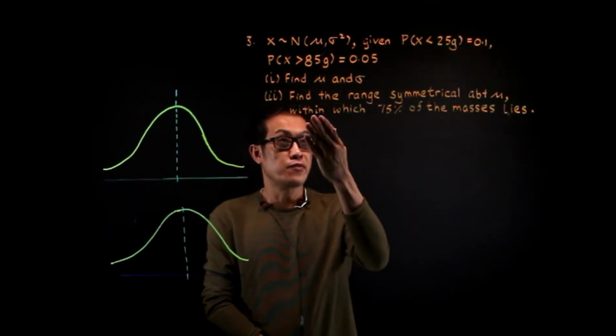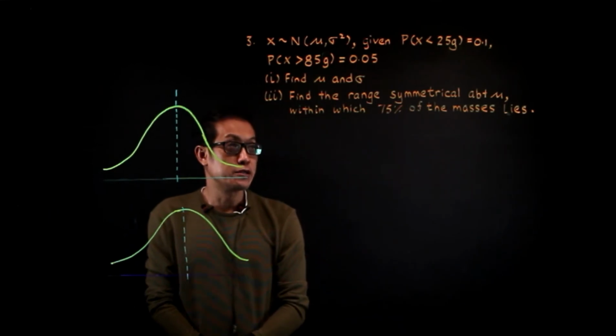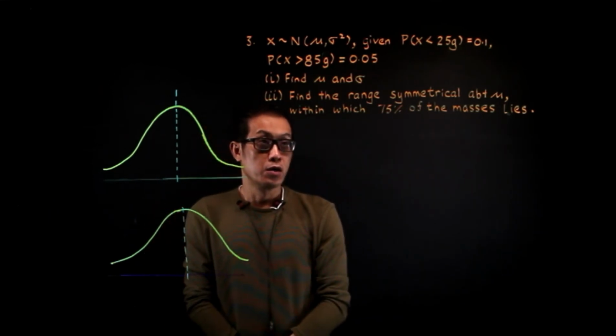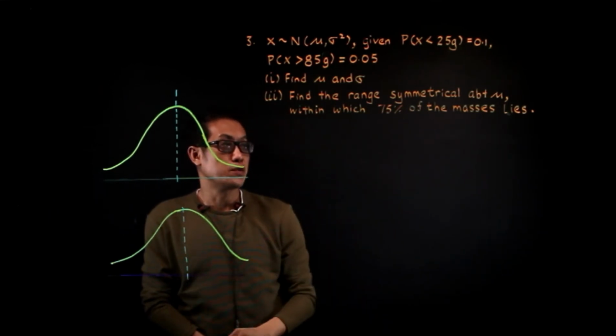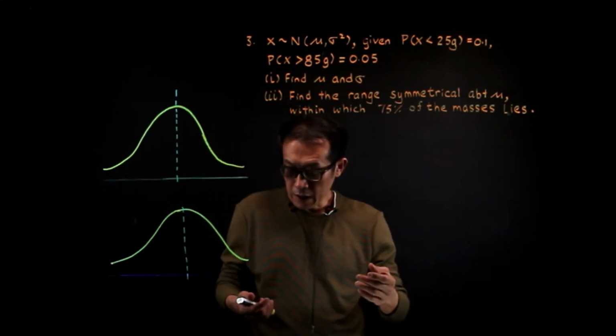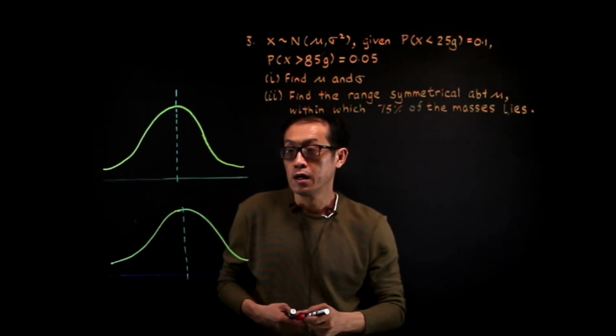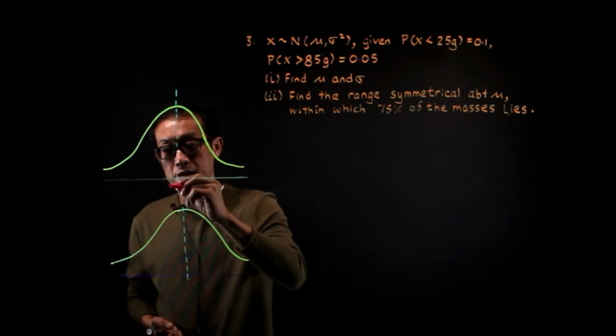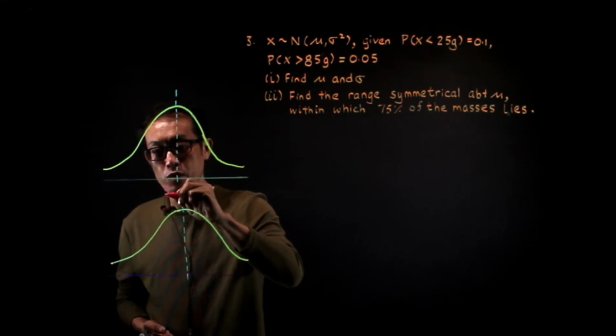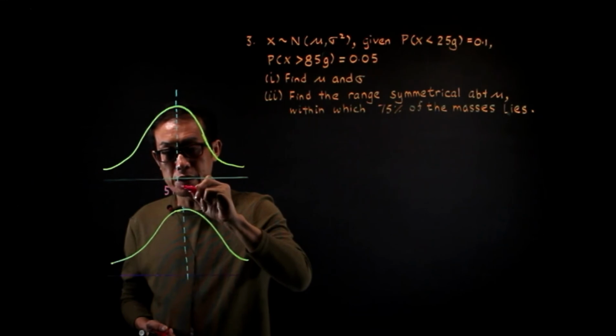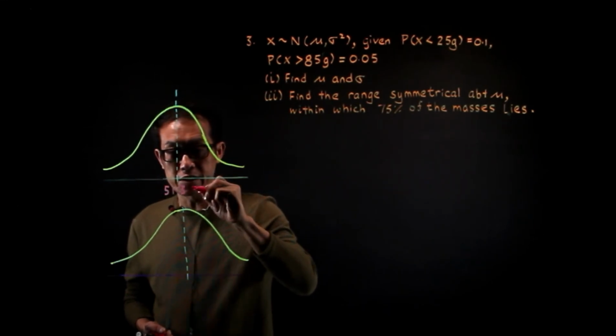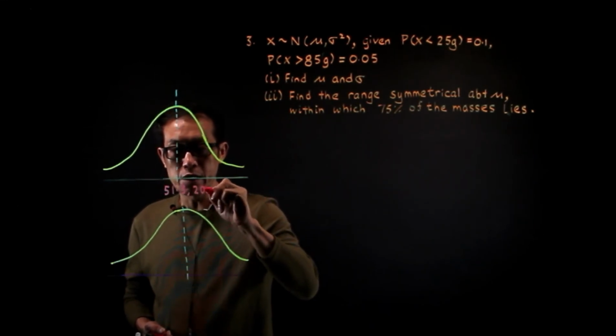Next, let us find the range symmetrical about its mean within which 75% of the masses lie. Now, what does this mean? Just now we found that the mean is 51.3 and the standard deviation is 20.5.